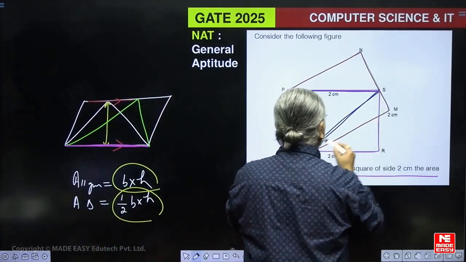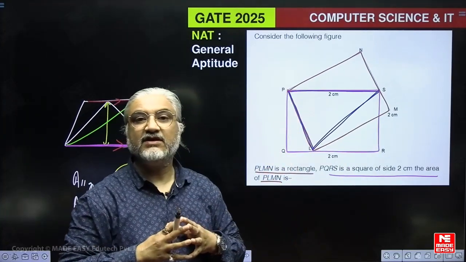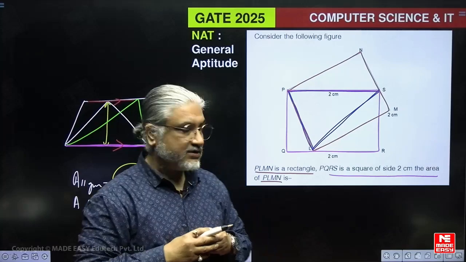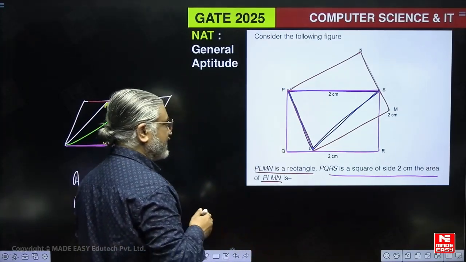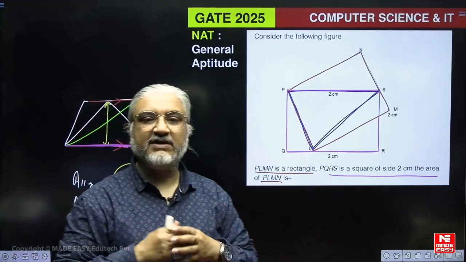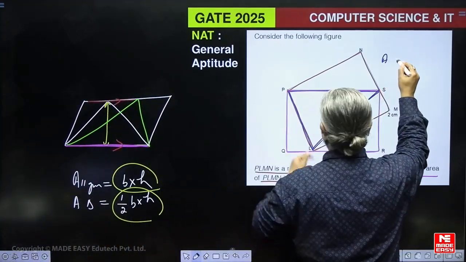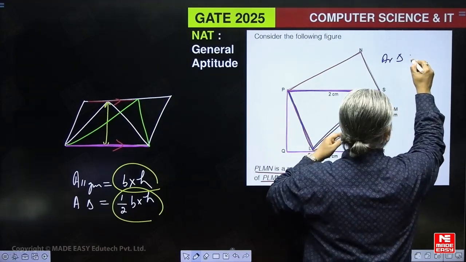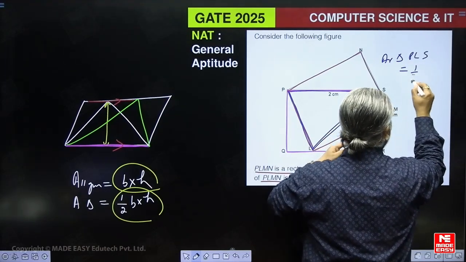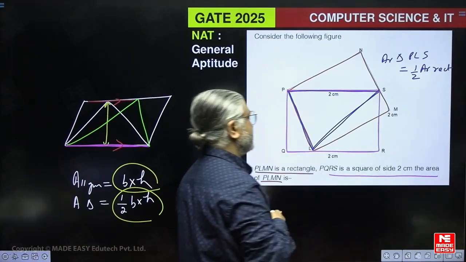So this triangle and this rectangle stand on the same base and between the same parallels. So area of the triangle will be half the area of the rectangle. So we can say area of triangle PLS is equal to half the area of the rectangle.